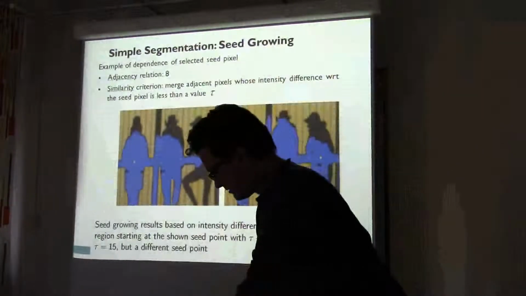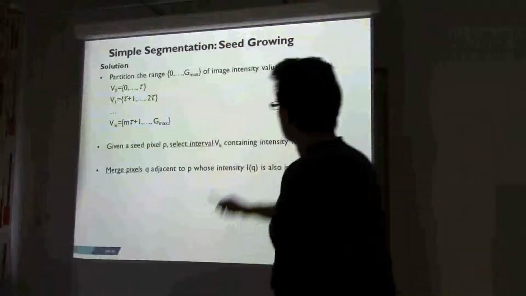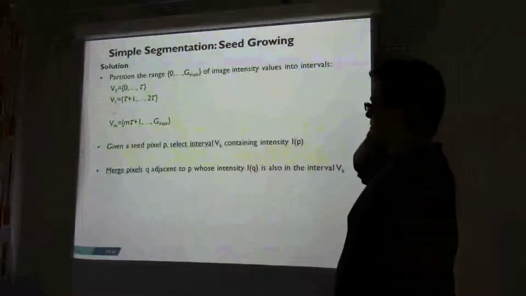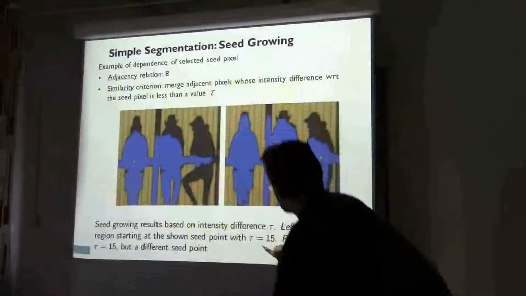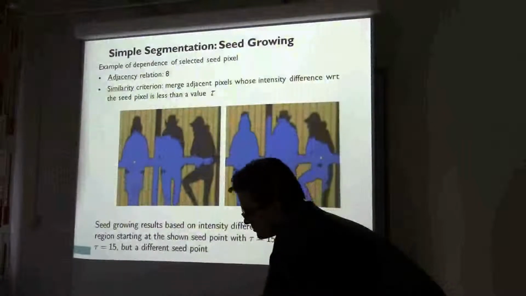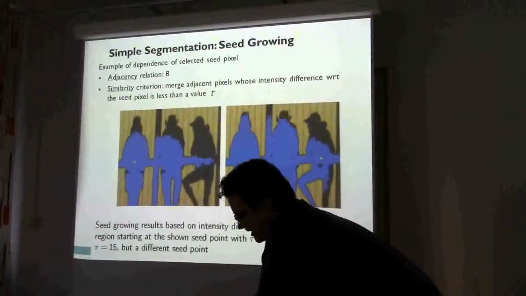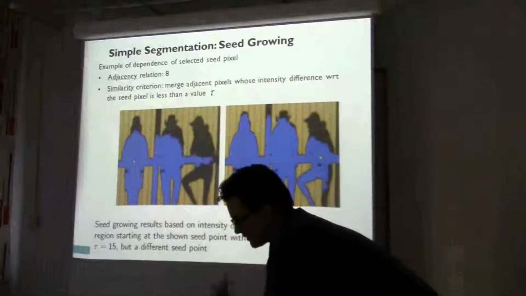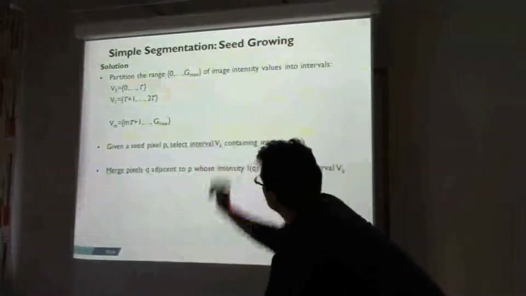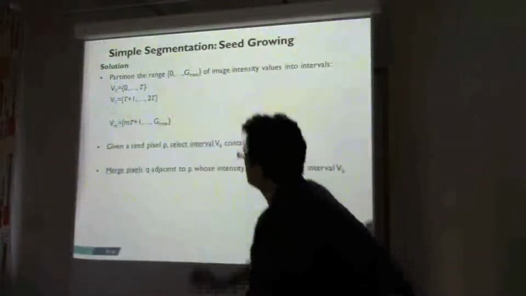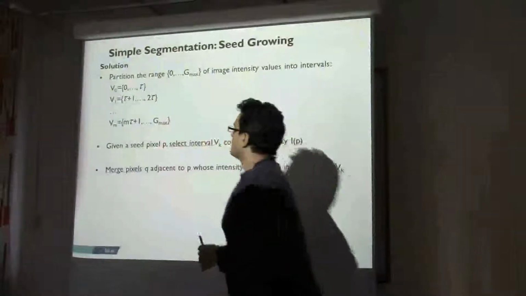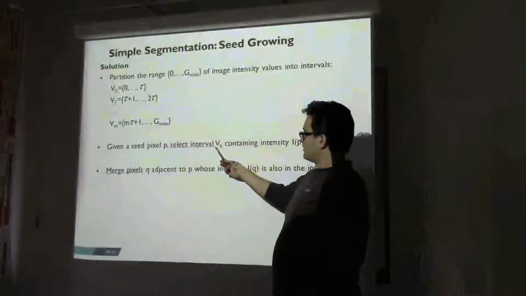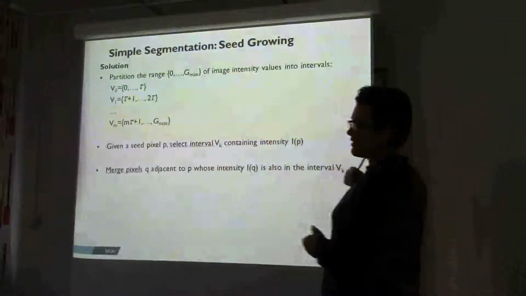To solve this, there is one solution. That is partitioning the range of image intensities into intervals. So if you want to define a threshold here and say, okay, let's find regions that have a gray value difference of less than 15 between all the pixels, to do this, first partition your image into ranges based on this value, and then you start to grow only with pixels that are in the same interval.